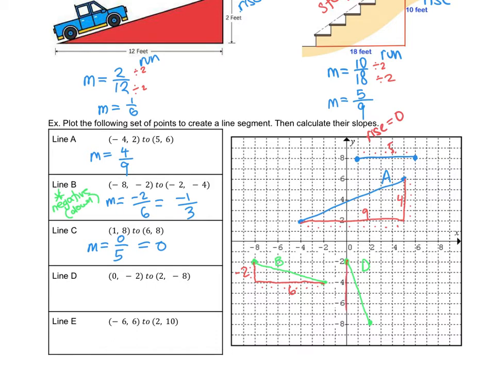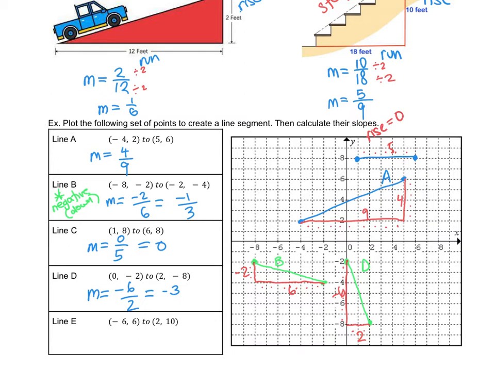From my top point, I go down and then to the right. 1, 2, 3, 4, 5, 6 down, and 1, 2 to the right. So when you put your slope, hopefully you put -6 over 2. And in this scenario, this fraction actually reduces to a nice whole number of -3. You could also write -3 over 1, but if you can get rid of the fraction, why not do it?